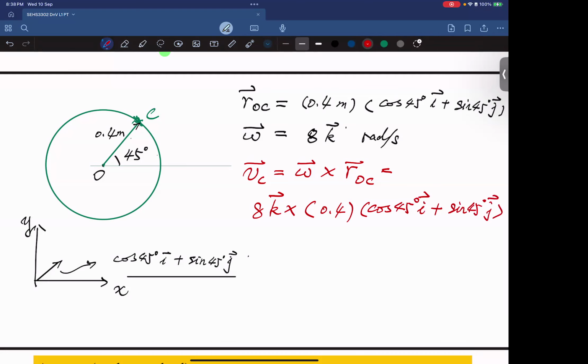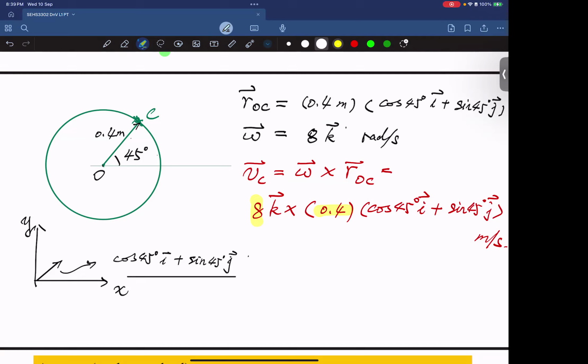Okay, and there is going to be something interesting. As you can see, the yellow highlighted are the magnitudes, right? 8 is the magnitude of omega. 0.4 is the magnitude of the position vector, the distance. So we have a direction.